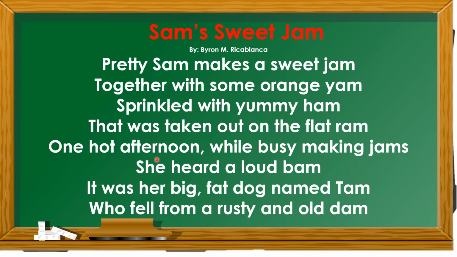One hot afternoon, while busy making jams, she heard a loud bam. It was her big fat dog named Tam, who fell from a rusty and old dam. Okay, now let us identify the adjectives in this poem.